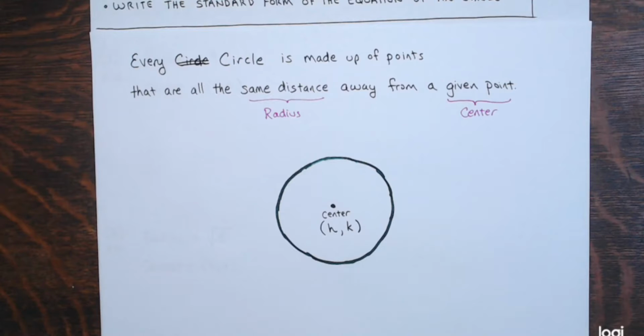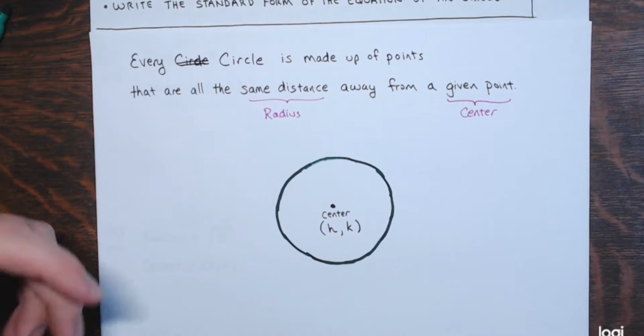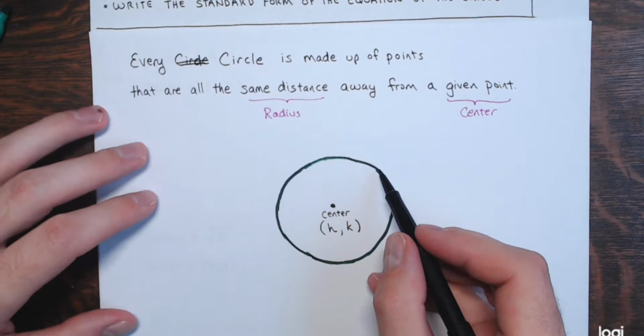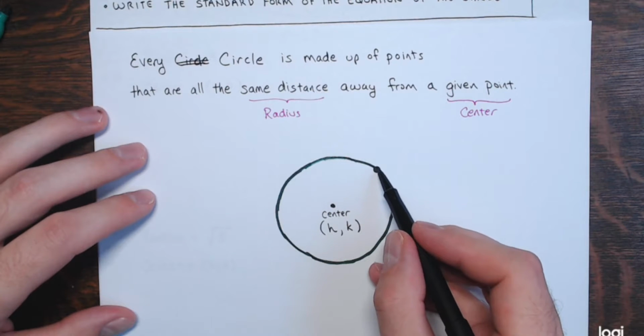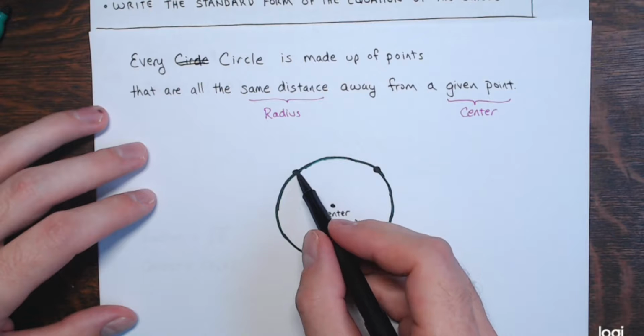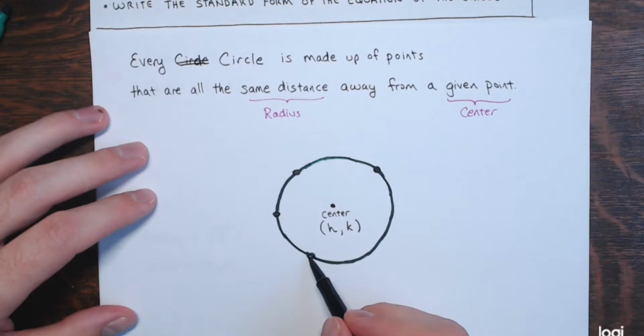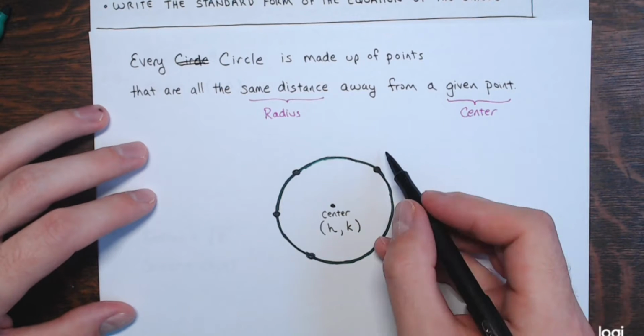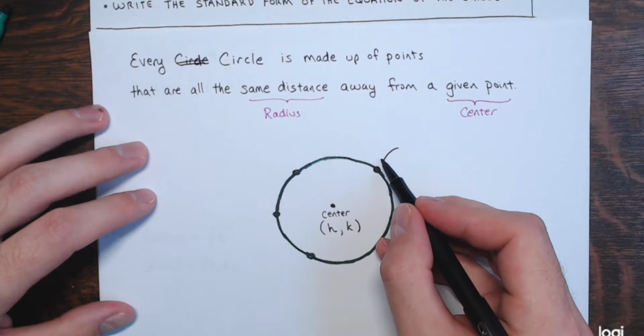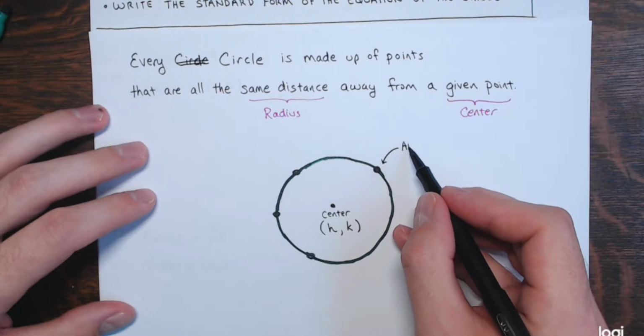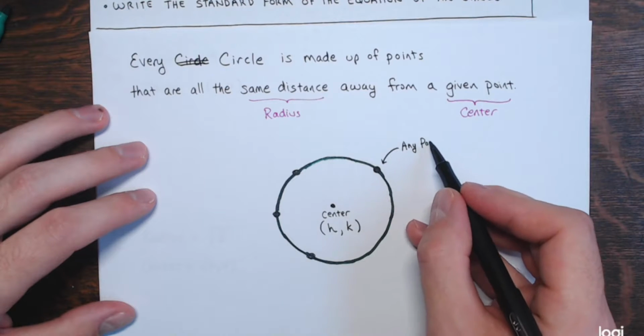It's not great, but it's okay. If you were to take any point on the circle, it doesn't matter which one, let's say this represents any point on the circle.